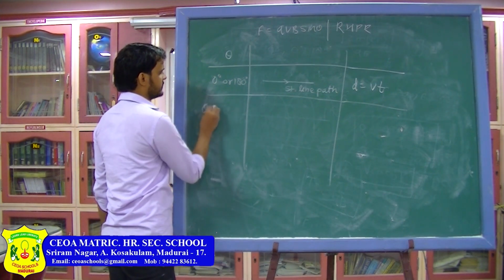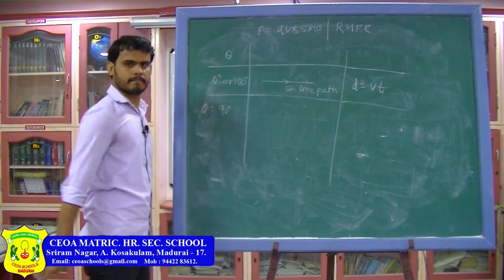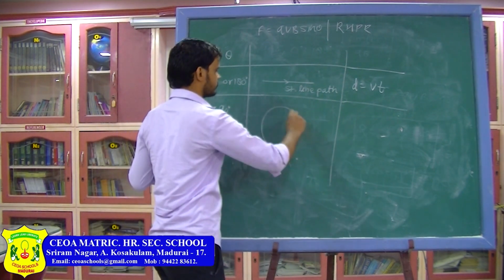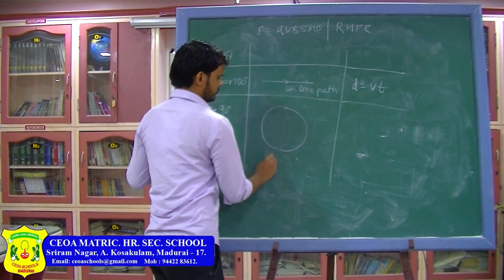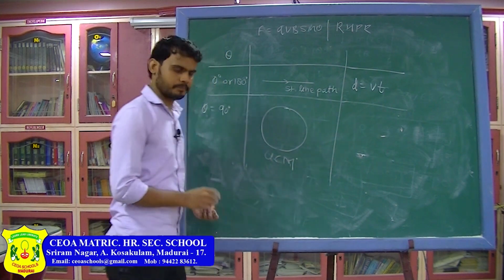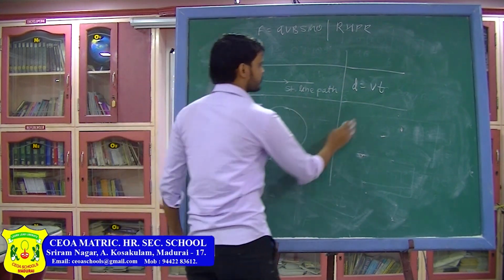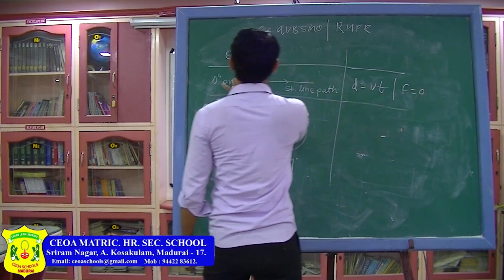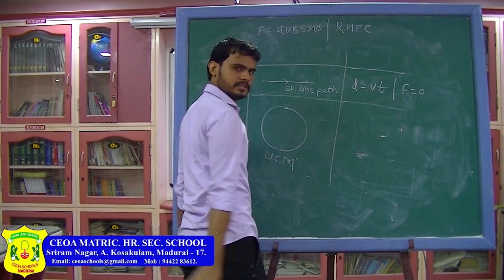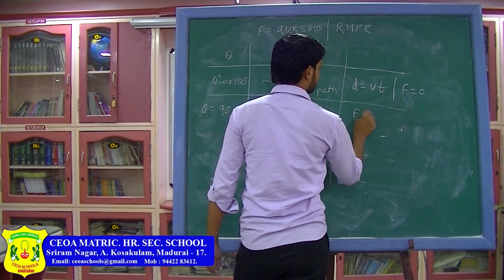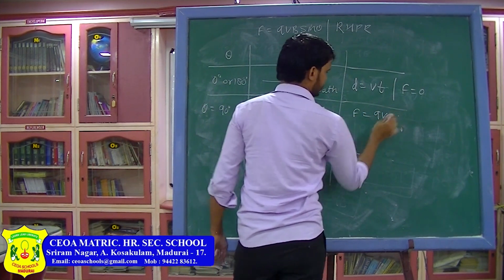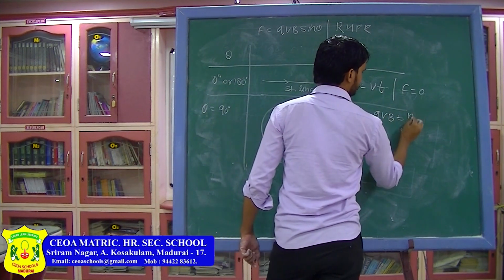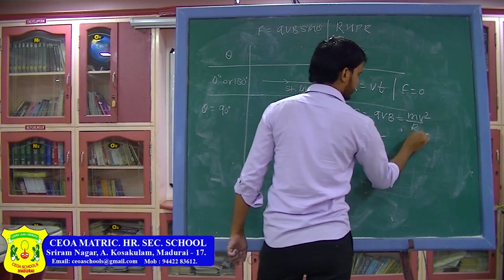Second is, if theta is equal to 90 degrees, then the particle is going to do uniform circular motion. Here the force on the particle, if you put theta as 90, is qvB, and this will be equal to the centripetal force, which is mv square divided by r.